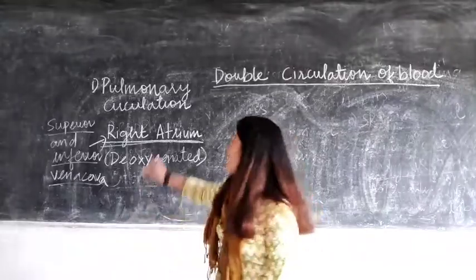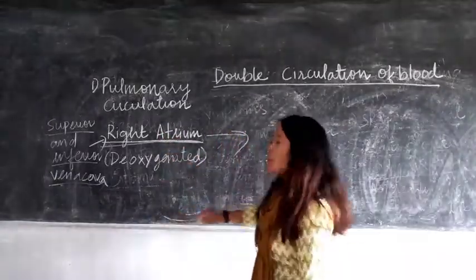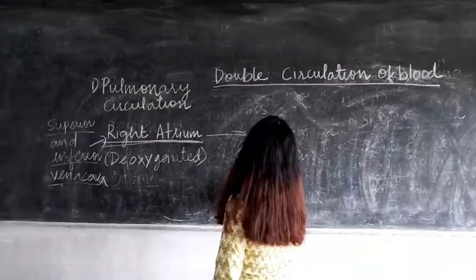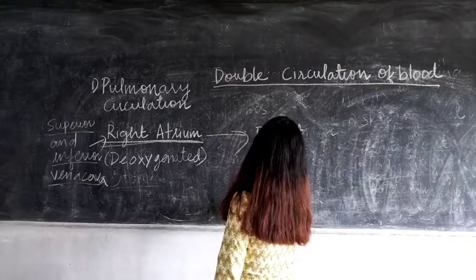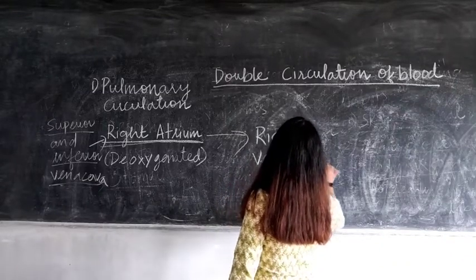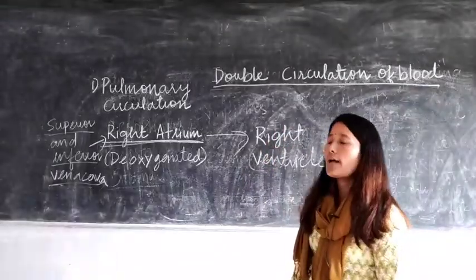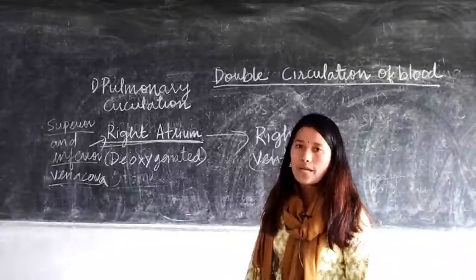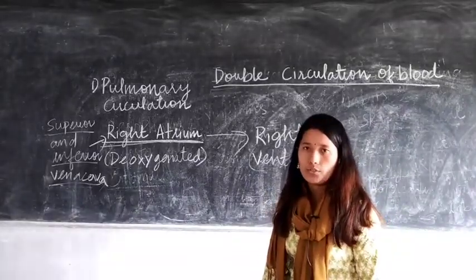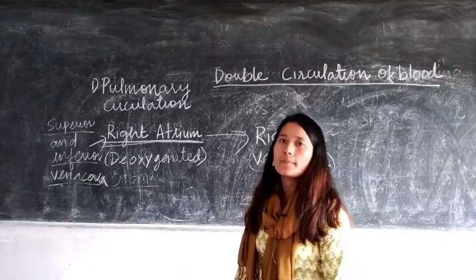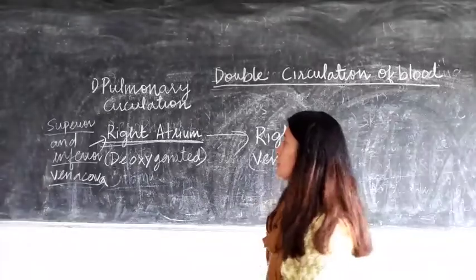Now from the right atrium the blood moves to the right ventricle. Once the blood moves from the right atrium to the right ventricle, your tricuspid valve closes, to make sure that the blood does not flow back to the previous chamber.